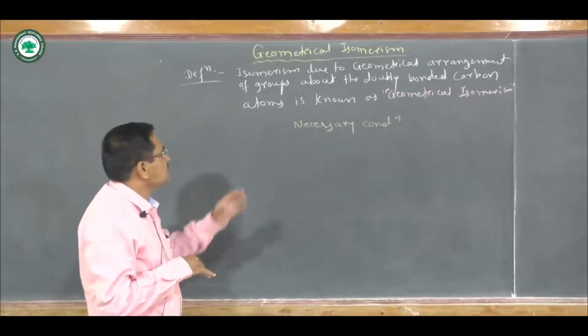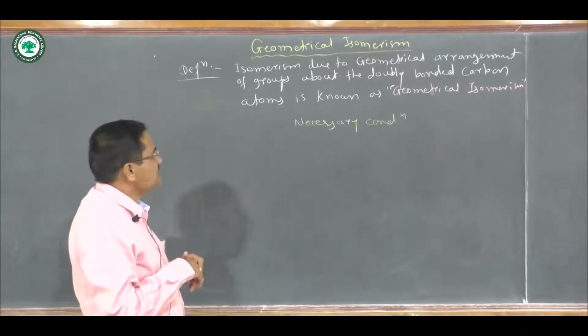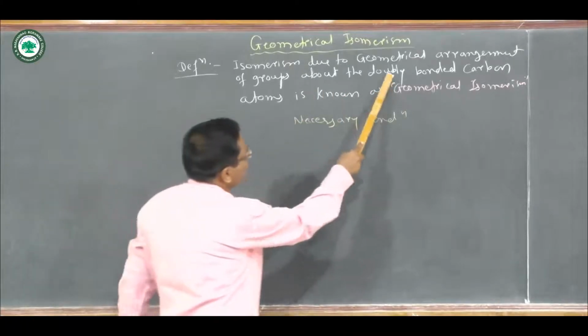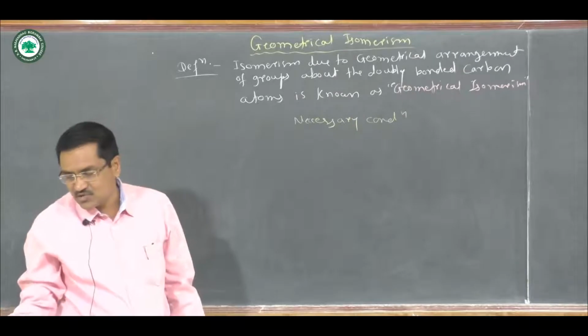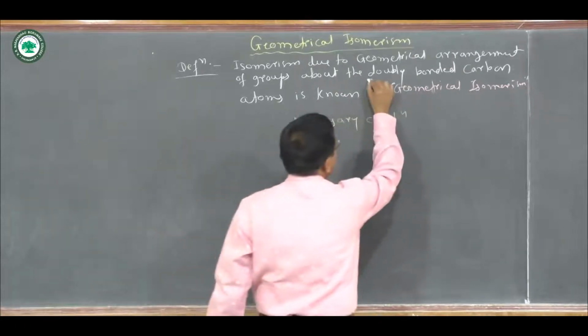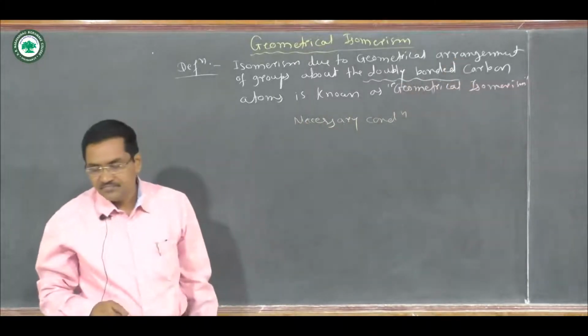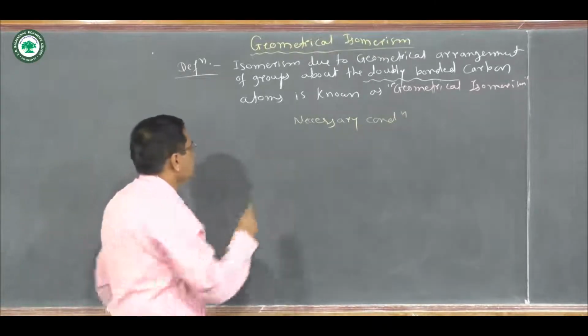Isomerism due to the geometrical arrangement of groups about the doubly bonded carbon atoms is known as geometrical isomerism. This isomerism is related to doubly bonded carbon atoms. There are two necessary conditions.